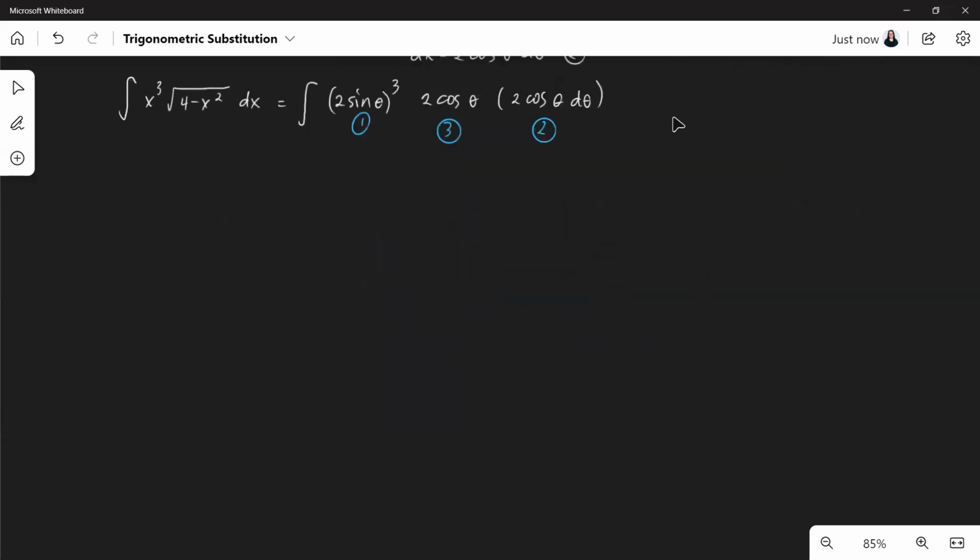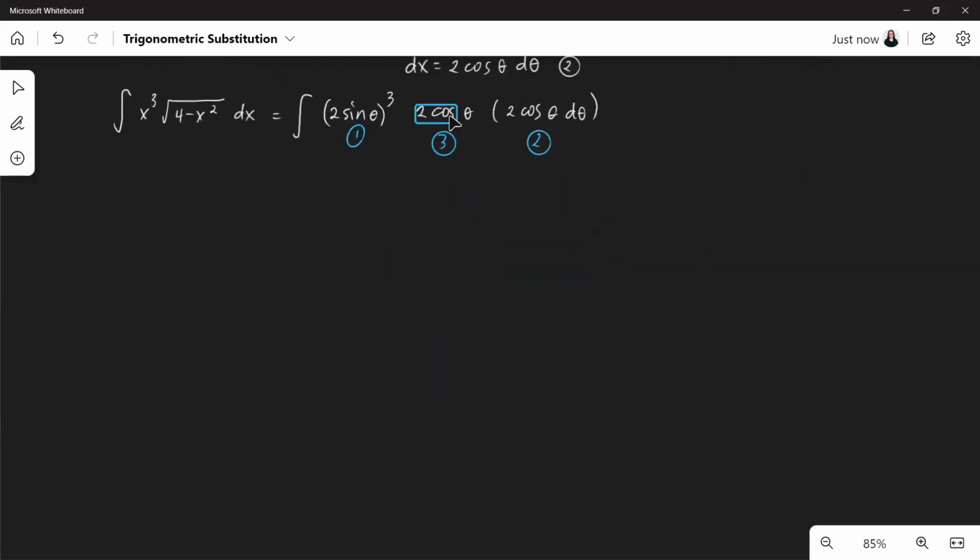So everything is transformed into theta. So we now simplify.